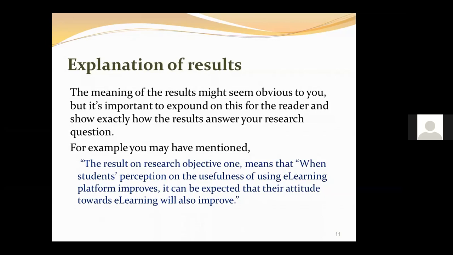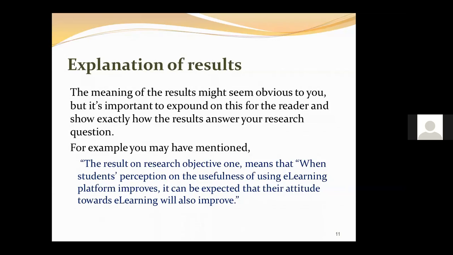So from the results, you then provide explanations for the outcomes of your analysis. The meaning of the results might seem obvious to you, okay? But it's important to expound on this for the reader and show exactly how the results answer your research question.